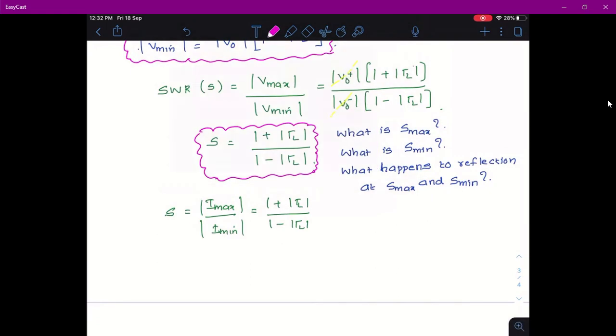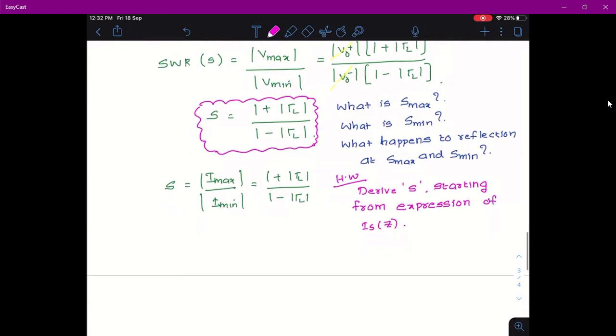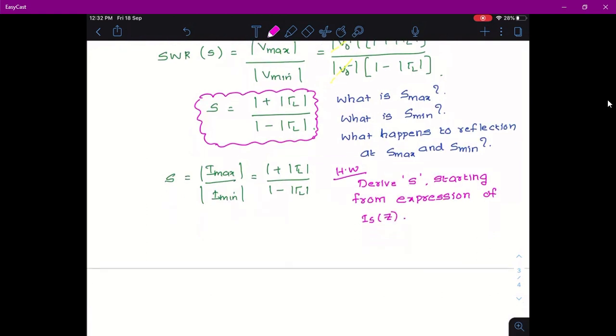So, you can have as homework: derive the standing wave ratio S starting from the expression of I(z). Okay. Fine.